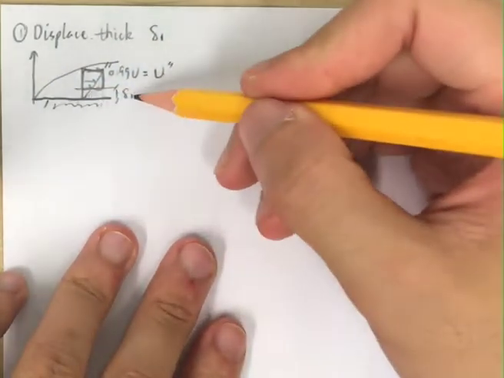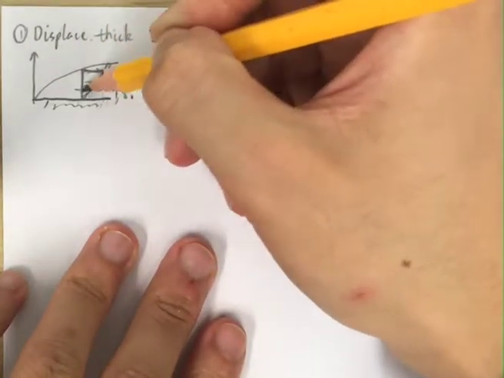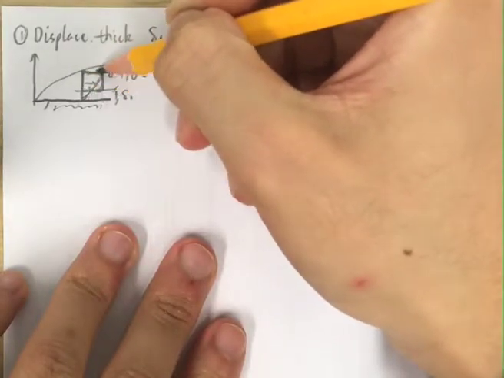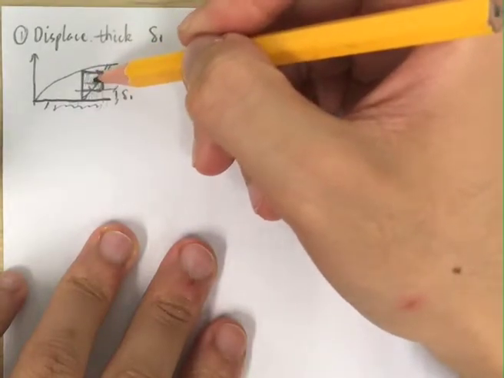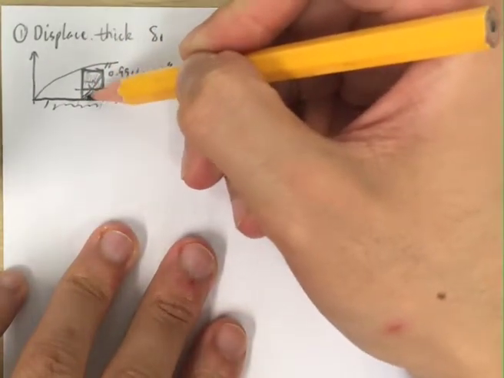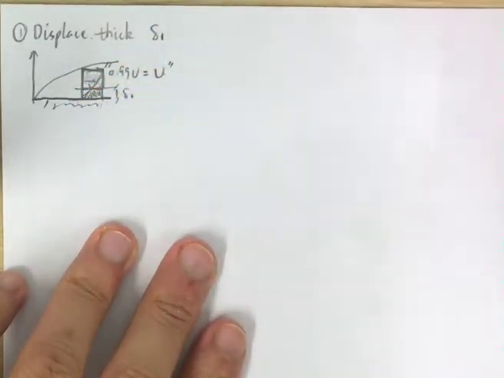So now we can calculate delta 1. If we subtract this part from both parts and we add this part to both parts, then what do we get?